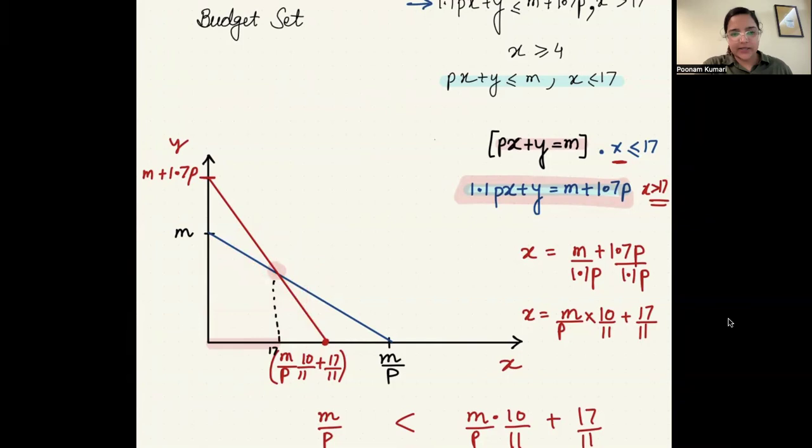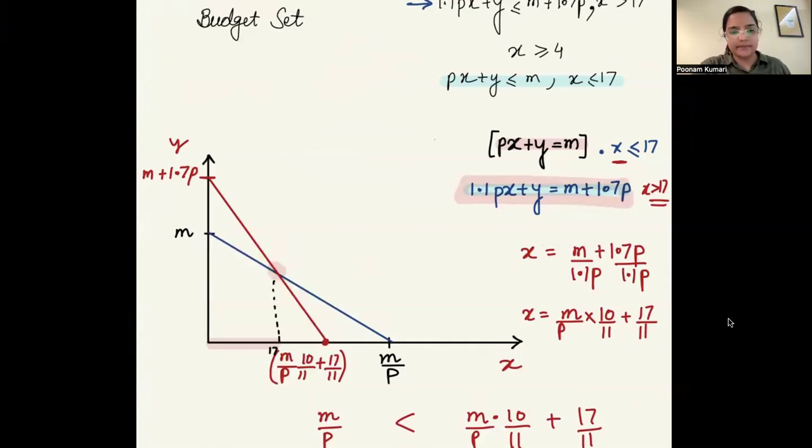So I wanted to know the intersection in order to know at which part I have to look. Because this is the intersection, I know to the left of this, I have to look at this line. To the right of this, I have to look at this line.